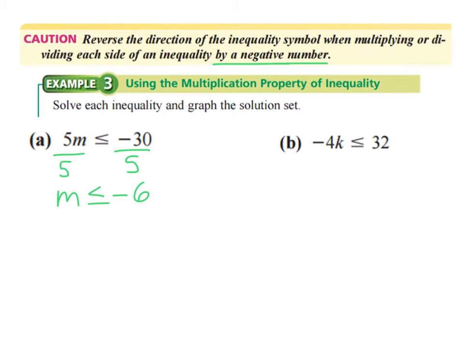Same thing, we'll want to graph here and do the interval notation. I've got my negative 6 there, less than or equal to negative 6, so it would go this way, just like that. Now the next example, I'm going to be careful how I do this. We have negative 4k is less than or equal to 32.